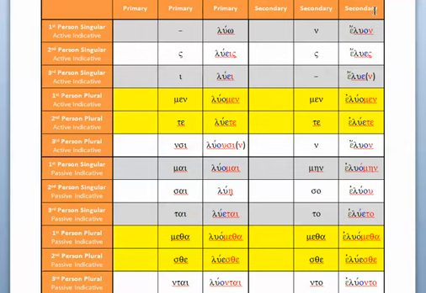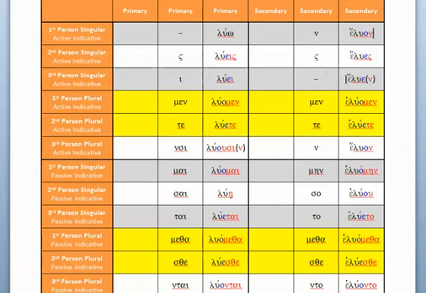So hopefully those ideas will help you as well, especially when it comes to this third singular, because you're going to run into that. Third singular is so common in the New Testament. You're going to want to know that.